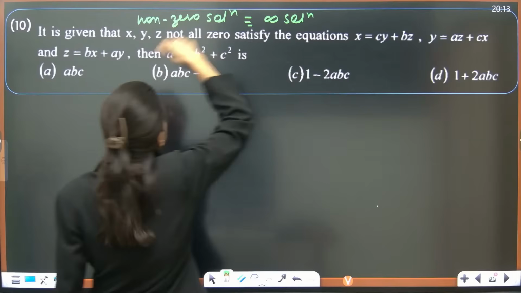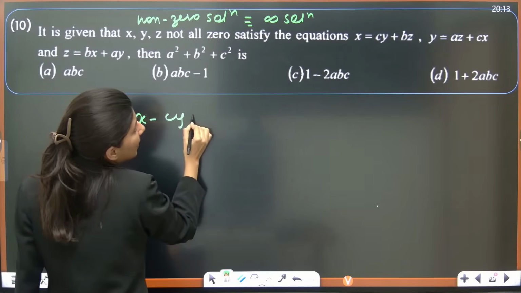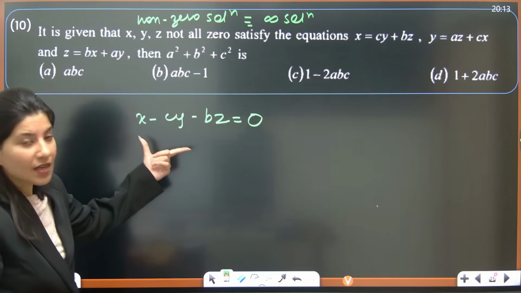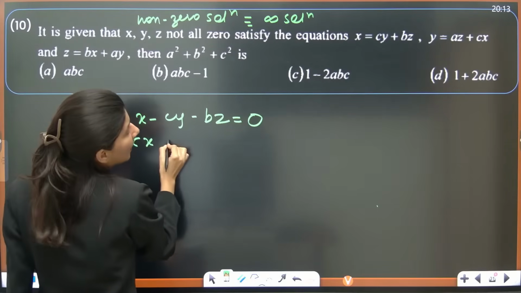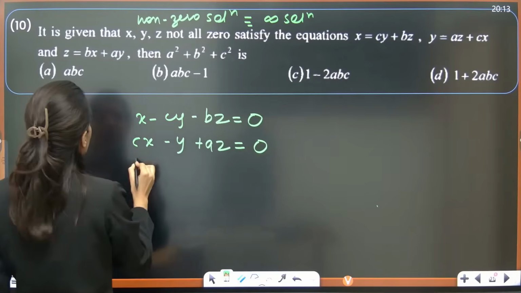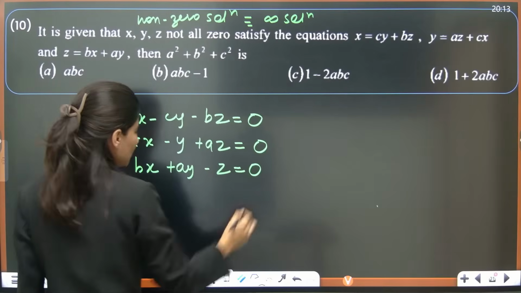They are saying that this equation is having infinite solution. So x minus cy minus bz equals 0. This is the first equation, right? Homogeneous equation. Then we are having cx minus y plus az equals 0. Second one, bx plus ay minus z equals 0.